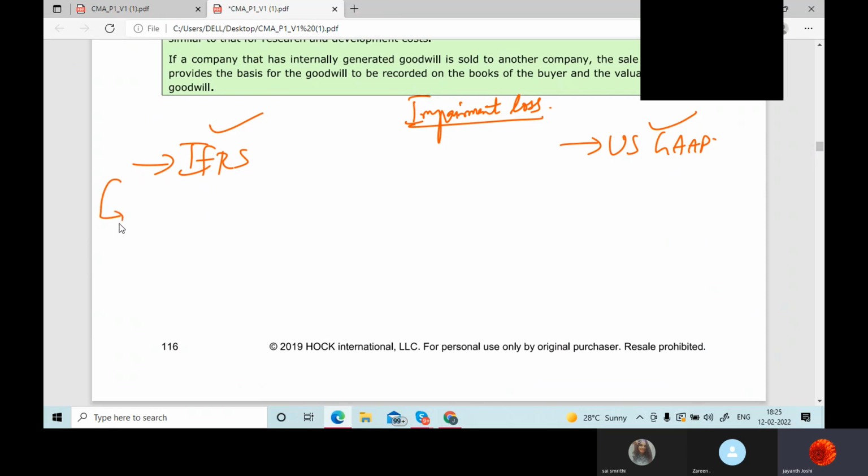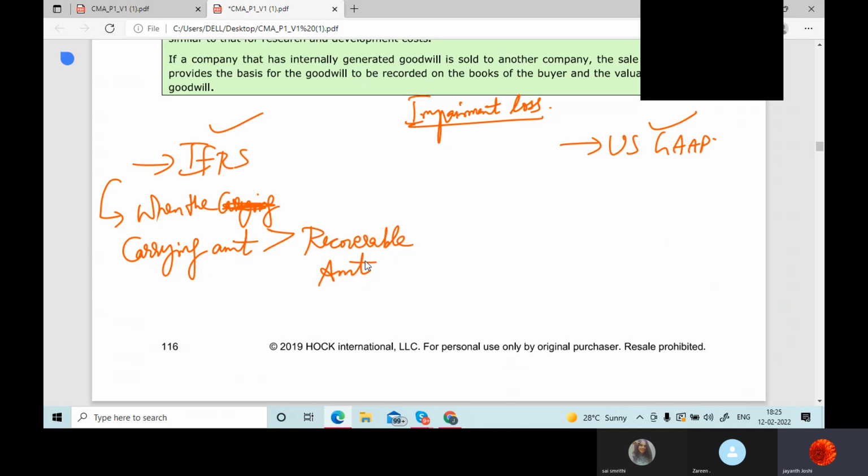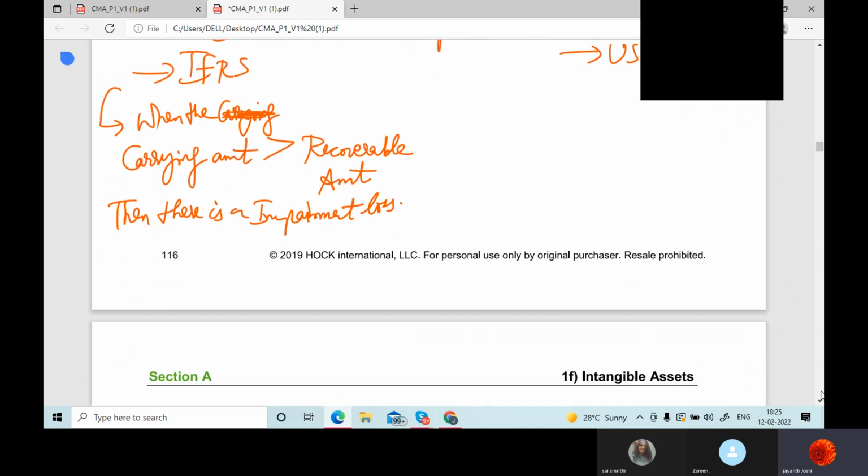What IFRS says is, when the carrying amount is more than the recoverable amount, then there is an impairment loss. So here carrying amount is nothing but book value.